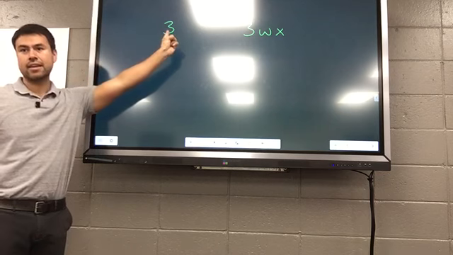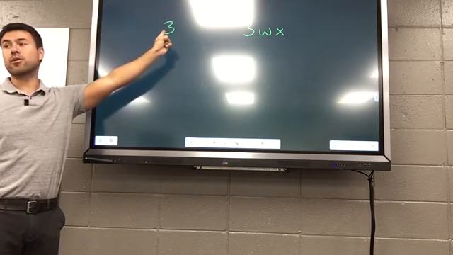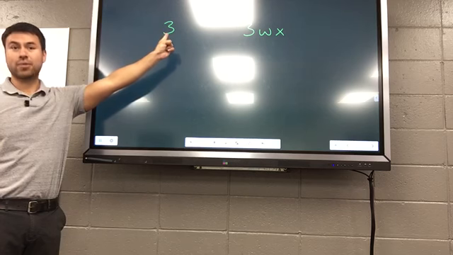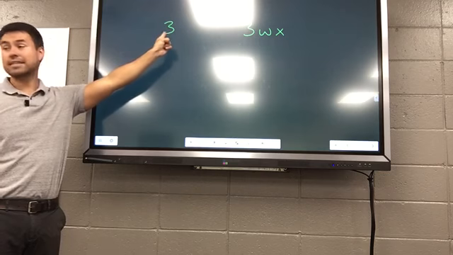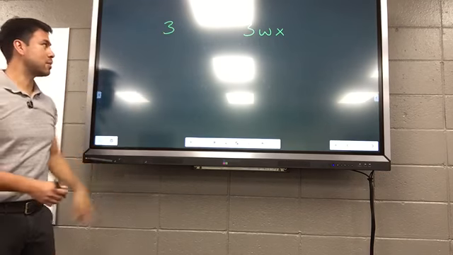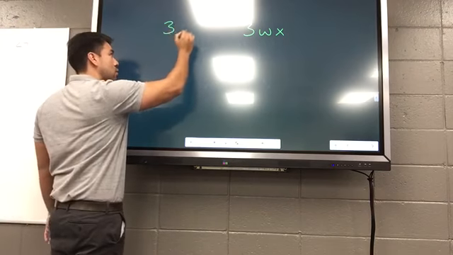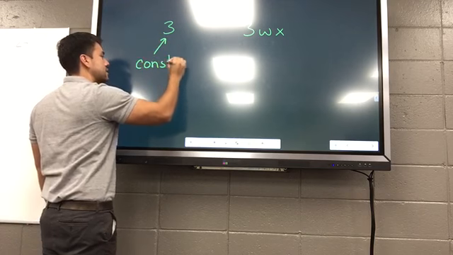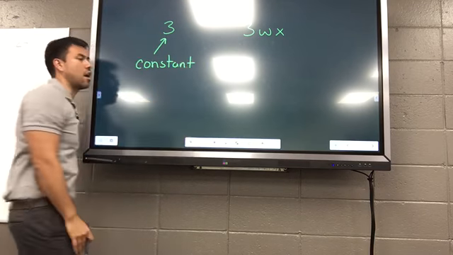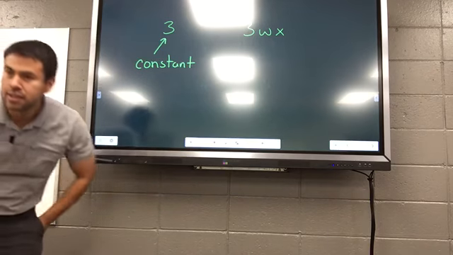This is 3. What is the numerical coefficient? 3. What is the literal coefficient? It doesn't have one. So we give this a special name. When there is no literal part, we call it a constant.